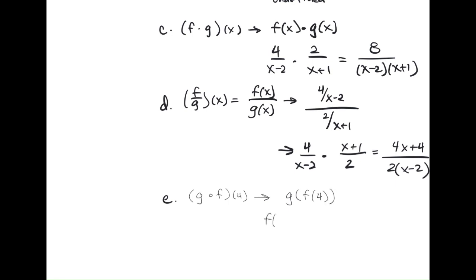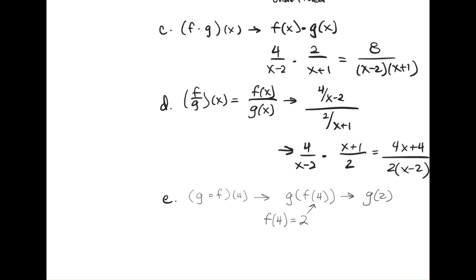So the first thing we need to find is F of 4. This is the F function here. If we plug in a 4 for x, 4 subtract 2 is 2, 4 divided by 2 is 2. So 2 is going to replace F of 4. So this becomes G of 2.